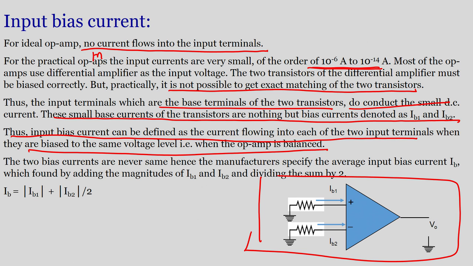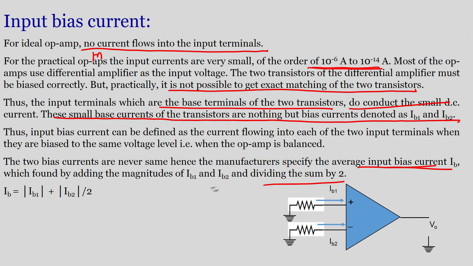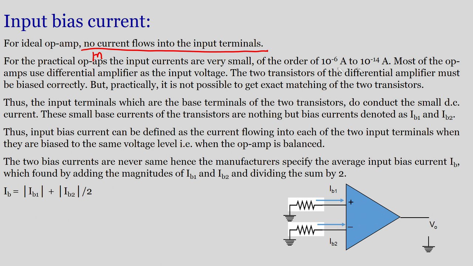The two bias currents are never the same, hence the manufacturer specifies the average input bias current, which can be found by adding the magnitudes of IB1 and IB2 and dividing the sum by 2. Input bias current is due to non matching of the two transistors.